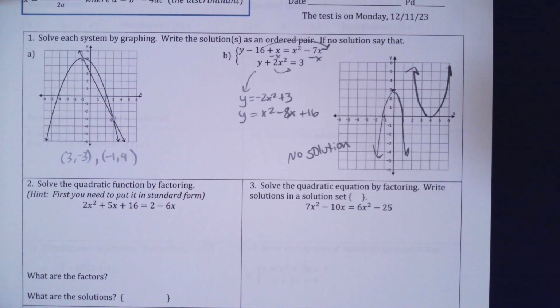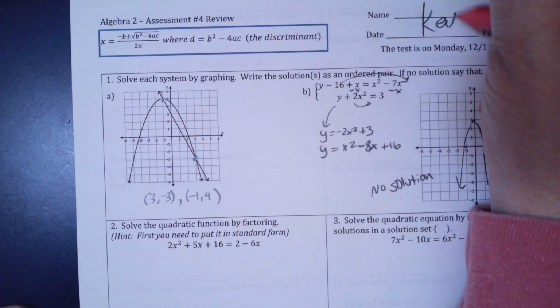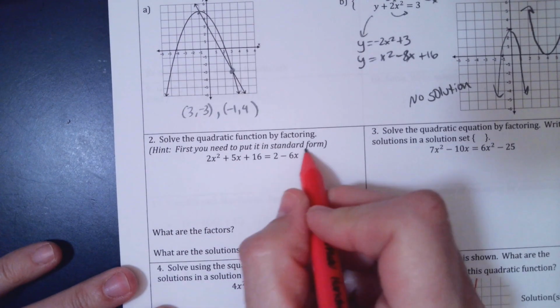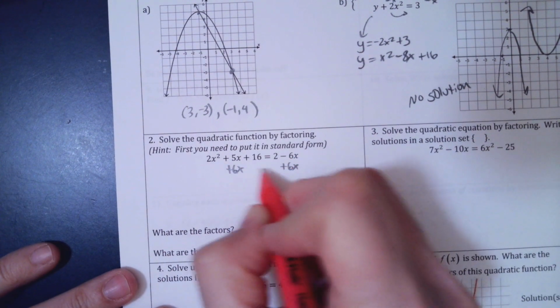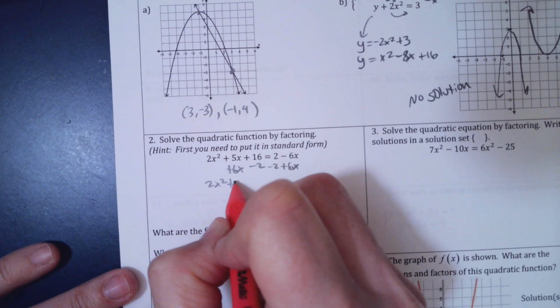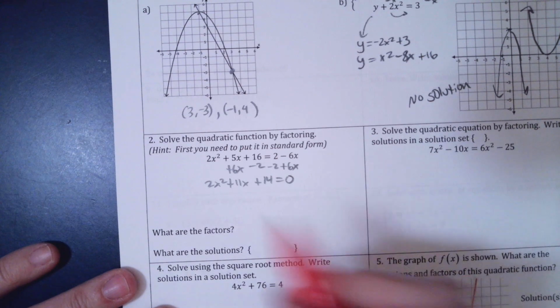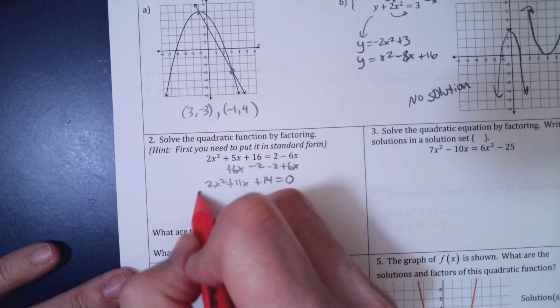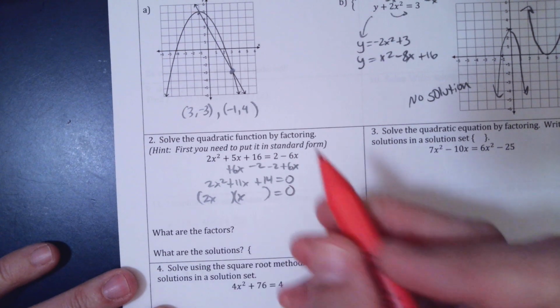Okay, so here, solve this quadratic equation by factoring. So if I'm going to factor, I've got to put it in standard form. I've got a plus 6x over here, and I've got to take away 2. All right, so I have 2x squared plus 11x plus 14. They don't all divide by anything, so I'm just going to start factoring. 2x and x. What multiplies to 14?